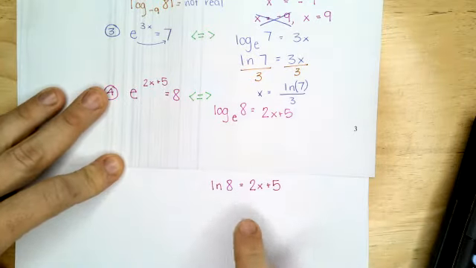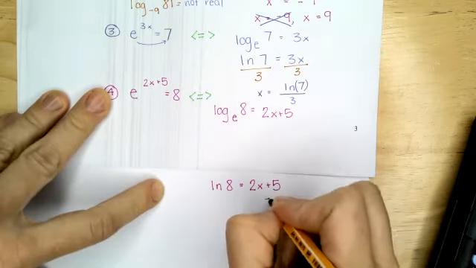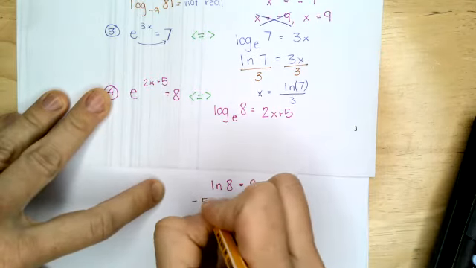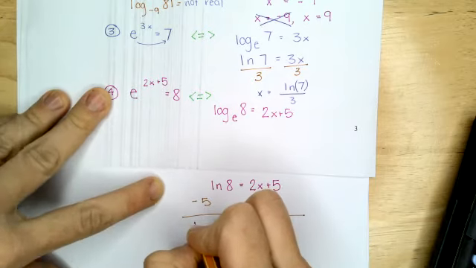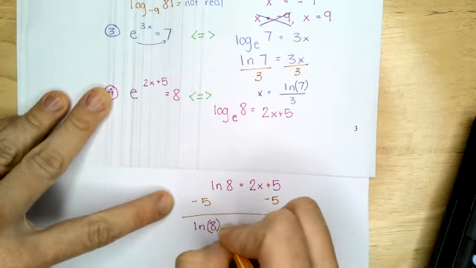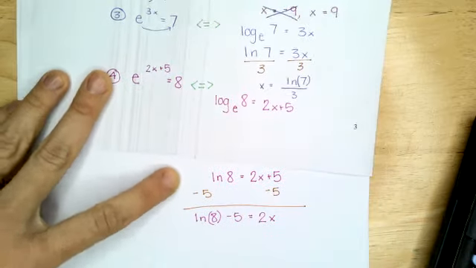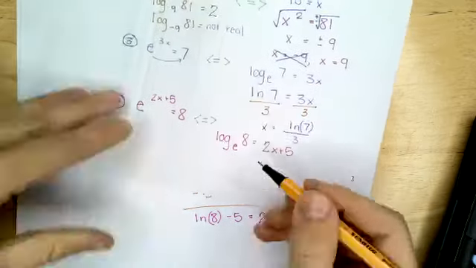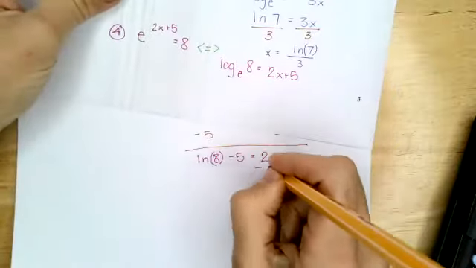I'm just going to, instead of changing this to a decimal, just call that what it is. Subtract 5, subtract 5. And what I get is the natural log of 8 minus 5 is 2x. Good. One more. Now I'm going to divide by 2.